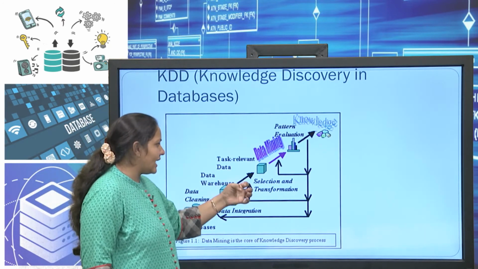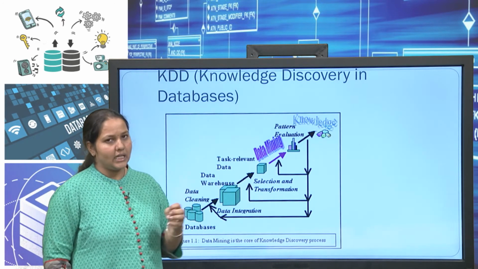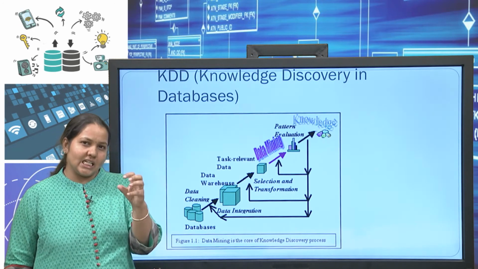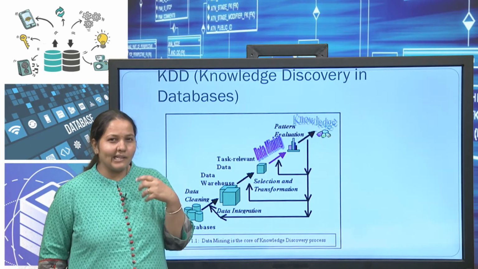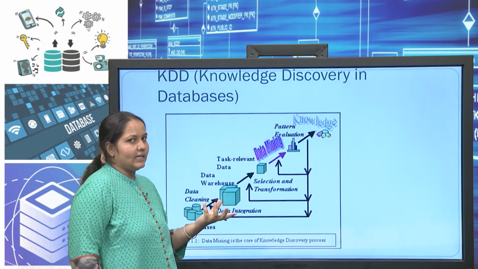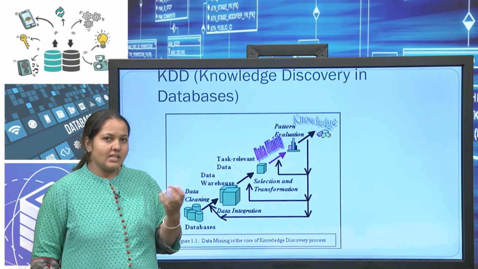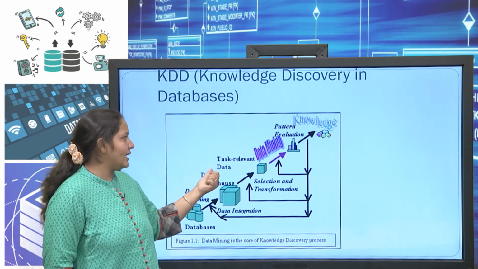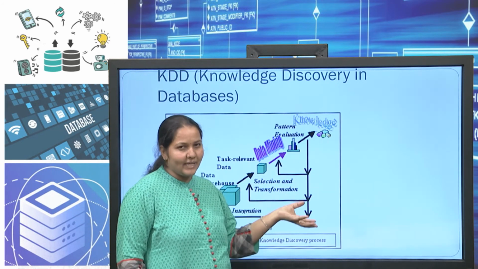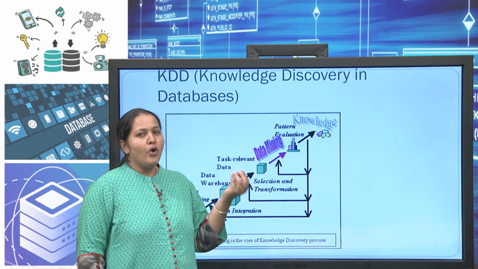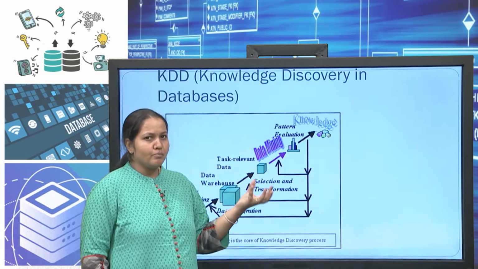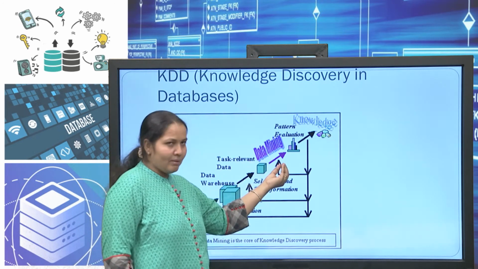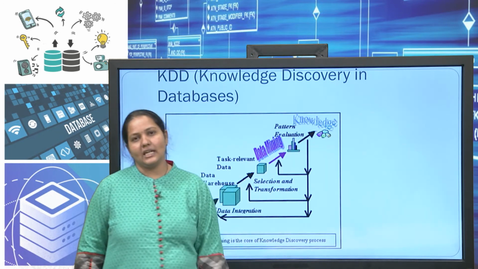That means the selection of task-relevant data according to your objective for getting the decision. On that data you perform pattern or data mining tasks or reporting tasks to make a decision, that is pattern evaluation, and last you are getting the knowledge.